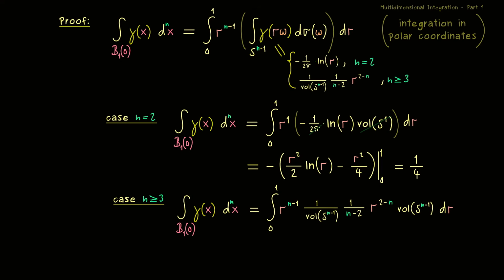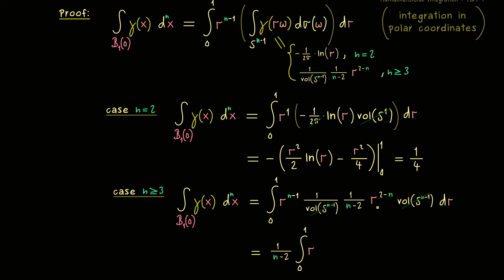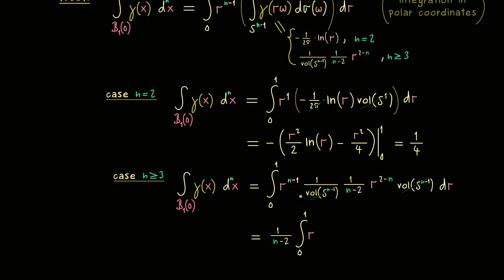Which also implies that this volume here cancels with the factor we have chosen before. And then obviously the only thing we have to do to solve this integral is to combine the two powers of r. And this is quite nice because you see what we get here is just r to the power 1. So definitely a one-dimensional integral which we can immediately solve.